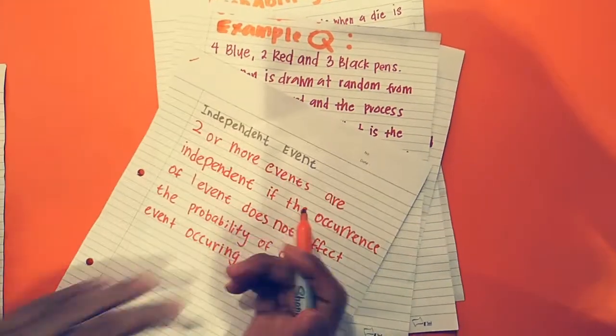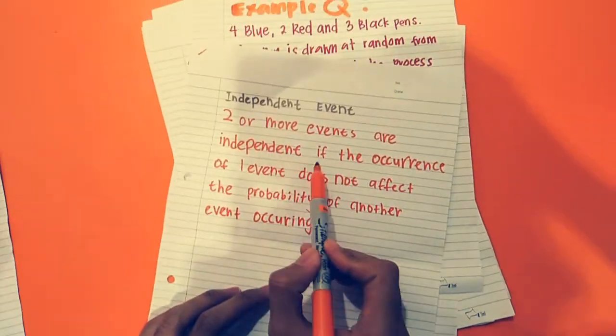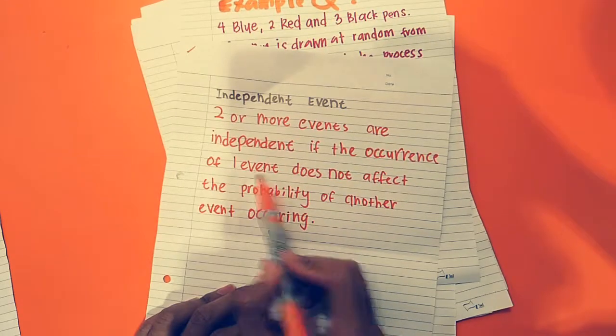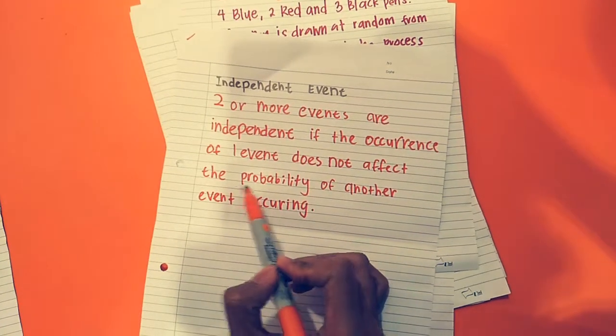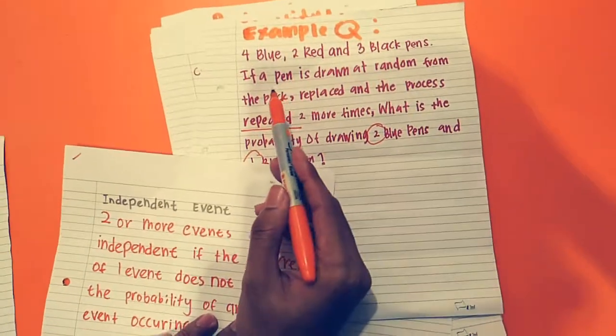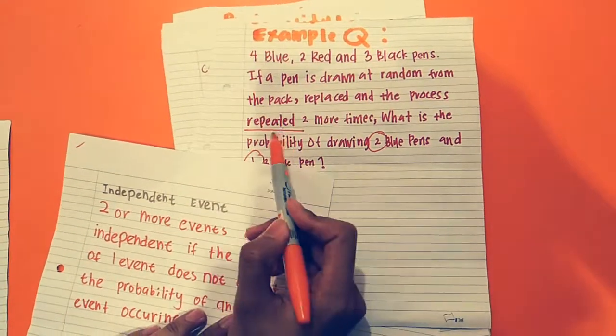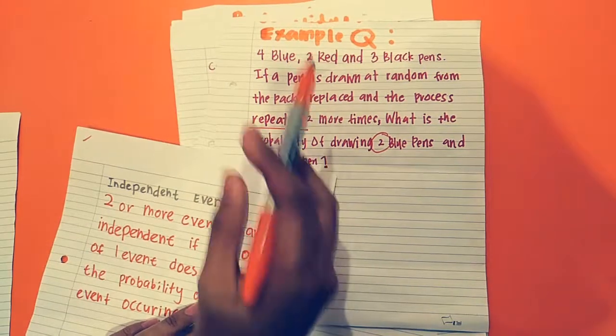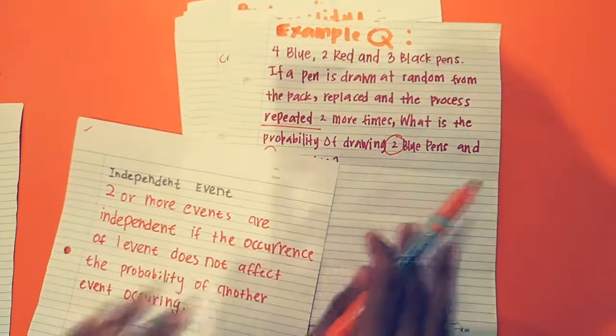Independent events are 2 or more events where the occurrence of one event does not affect the probability of another. This means the number of pens is still the same, because when we draw a pen, it is replaced.